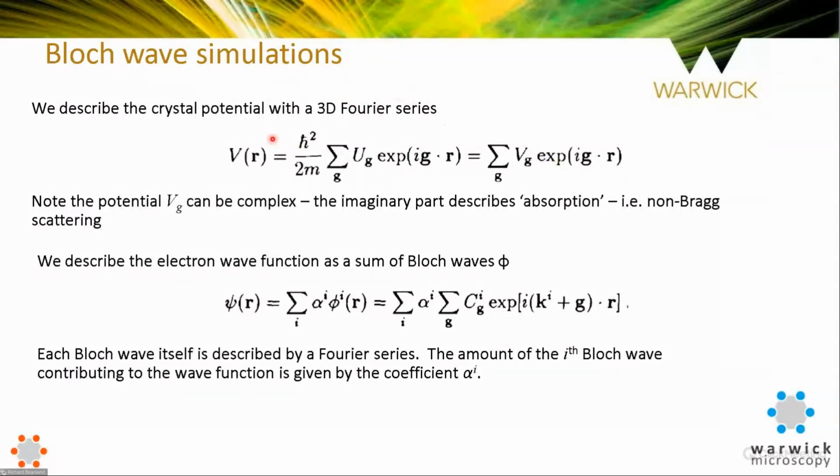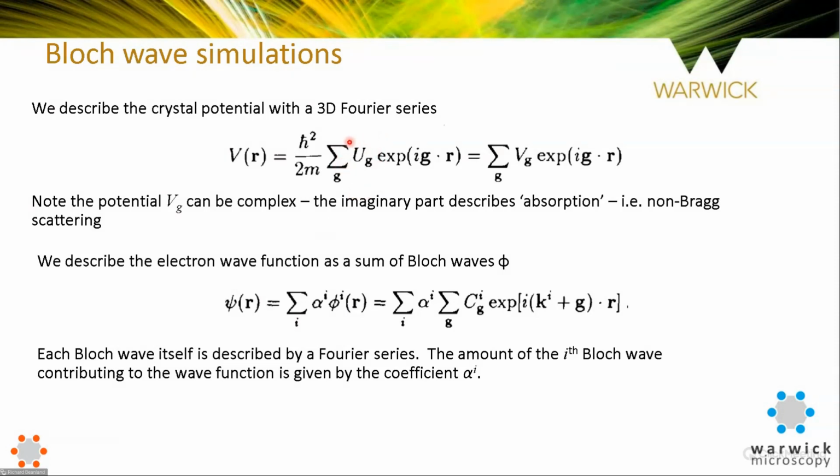So here's your crystal potential. Here's a Fourier series describing it. You generally take out this factor ħ² over 2m, because we're going to put it into Schrödinger's equation, and if you take it out now it makes it more straightforward. So you end up with these, rather than V_G, known as U_G Fourier coefficients.